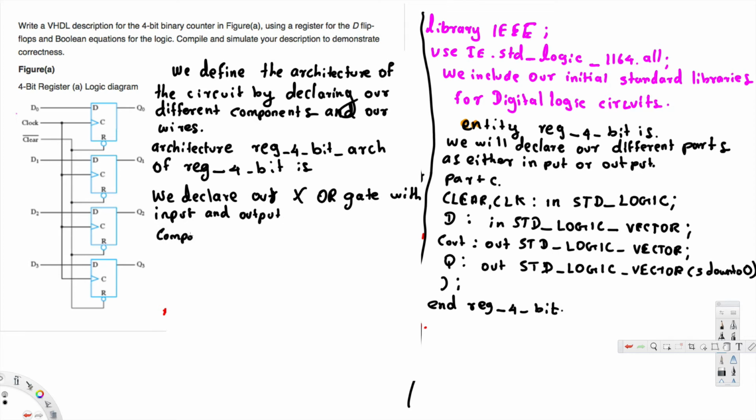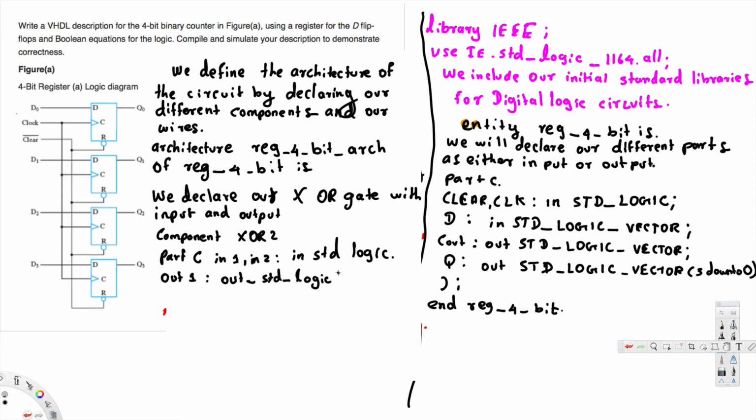Component XOR2 port: C in 1, in 2: in std_logic; out 1: out std_logic; bracket close semicolon, and end component.